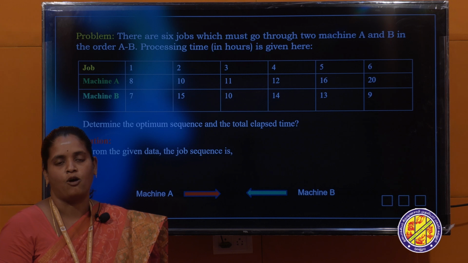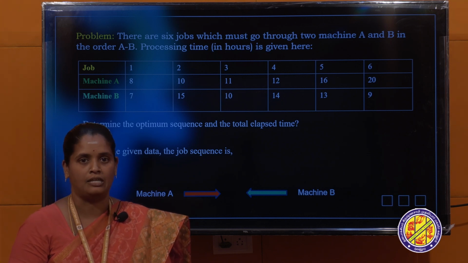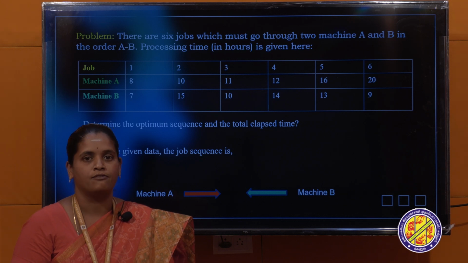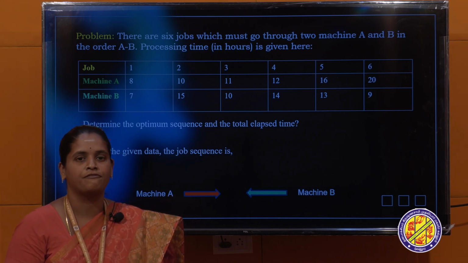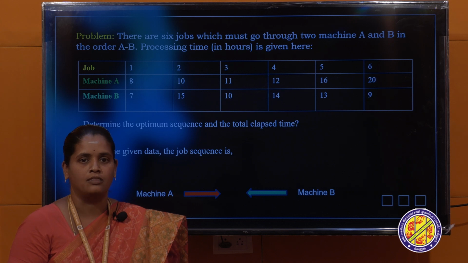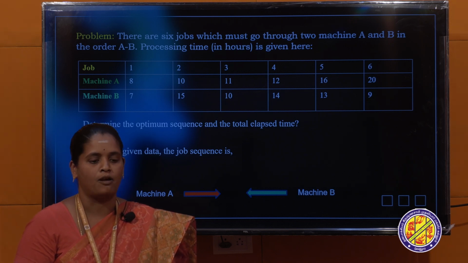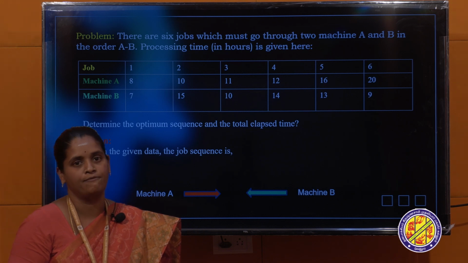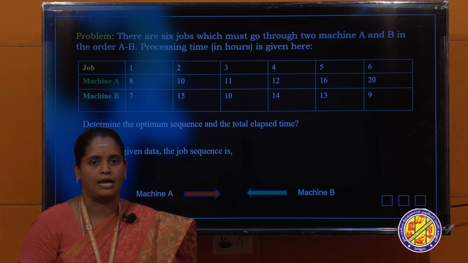For optimal sequencing, if the minimum processing time occurs on mission A, the corresponding job should be assigned from left to right. If the minimum processing time occurs on mission B, the corresponding job should be assigned from right to left. In this order we find the optimal job sequence. From the given problem, 7 is the minimum processing time, for job 1 on mission B, so it is assigned from right to left.